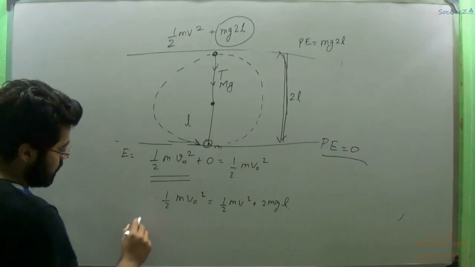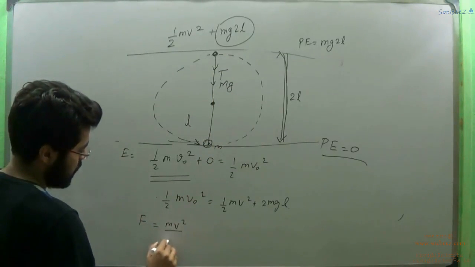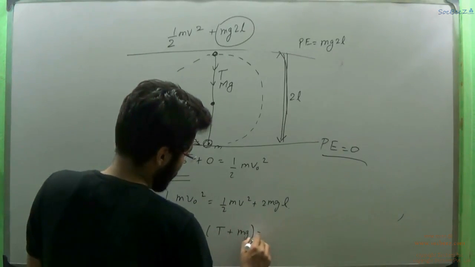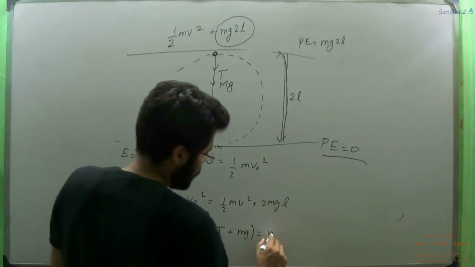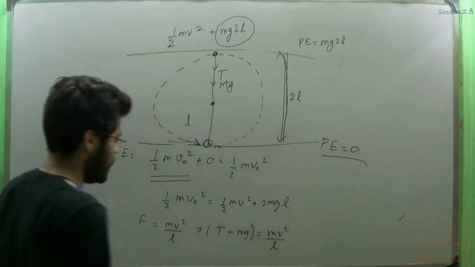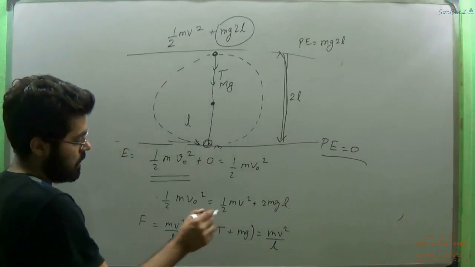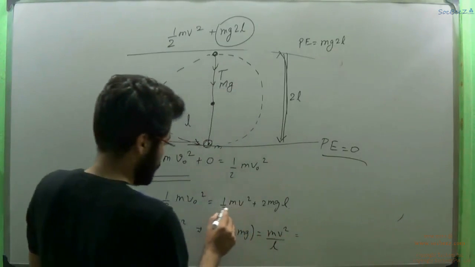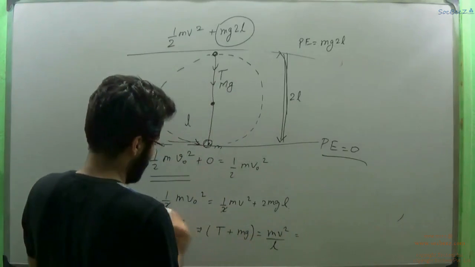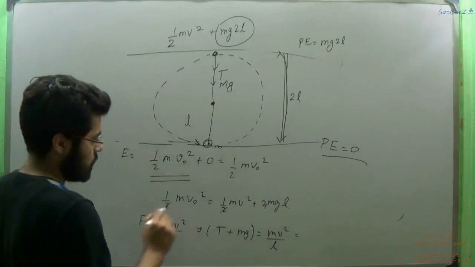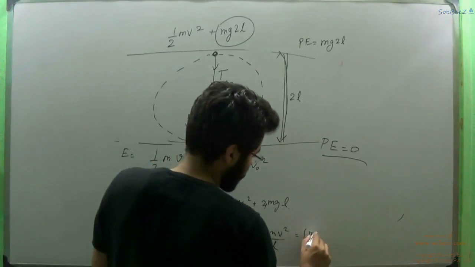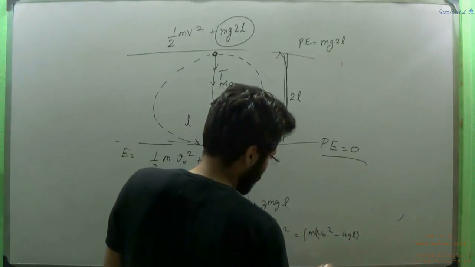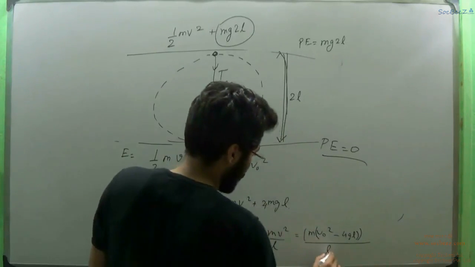We know that the centripetal force is mv square by L. It means T plus mg equals mv square by L. So this mv square can be replaced by, we just cancel this 2, 2, 4, mv naught square minus 4 mgl, by L.